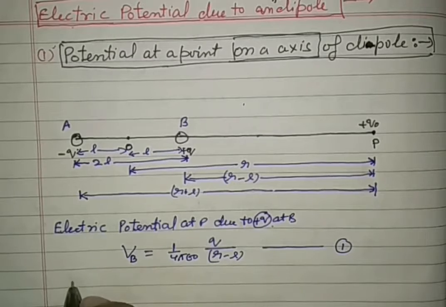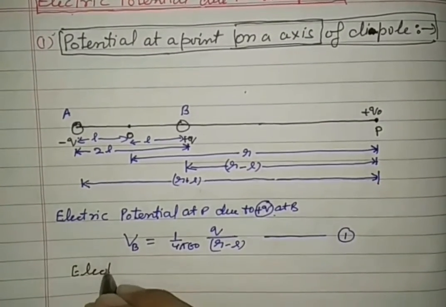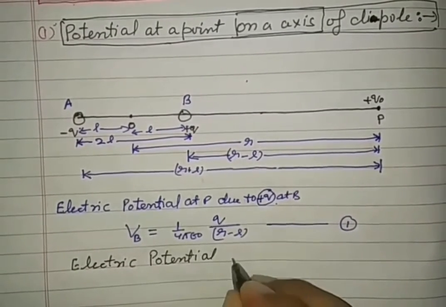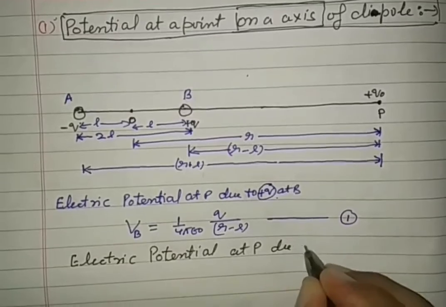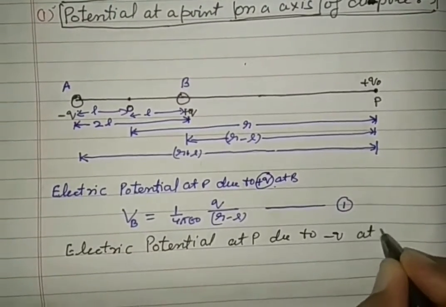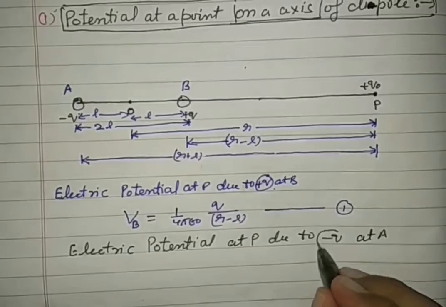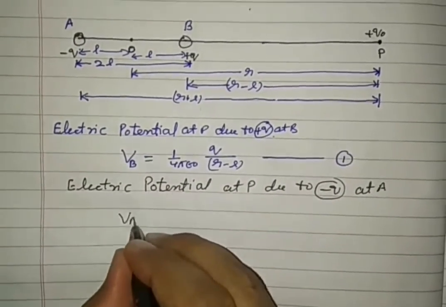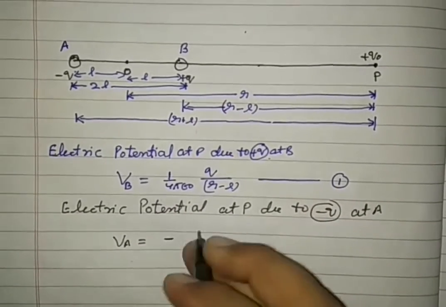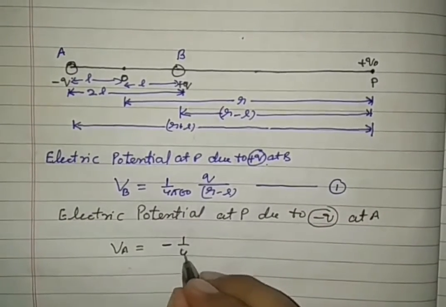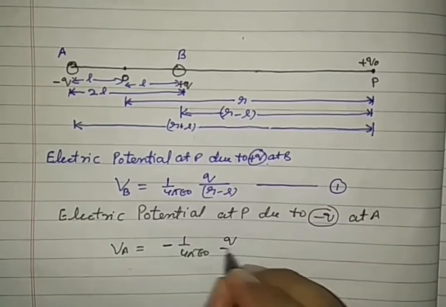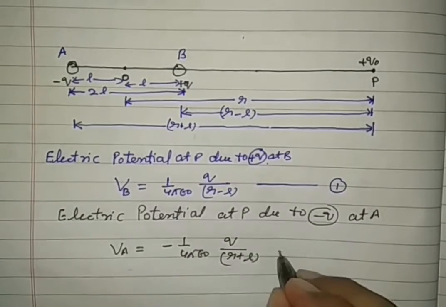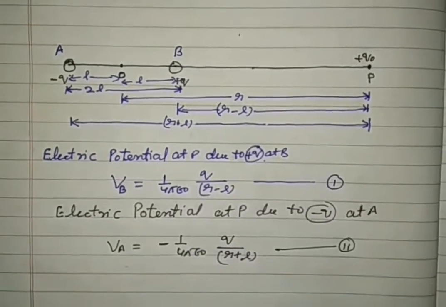Thereafter we are going to see the electric potential at P due to the negative charge, minus Q at A. Let this potential be represented by VA. It is due to the negative charge, so the potential is minus 1 upon 4 pi epsilon 0 q by R plus L, represented by equation number 2.